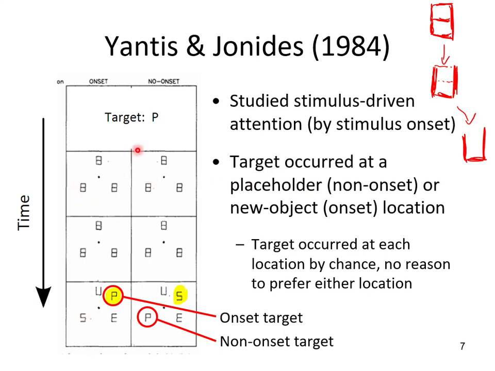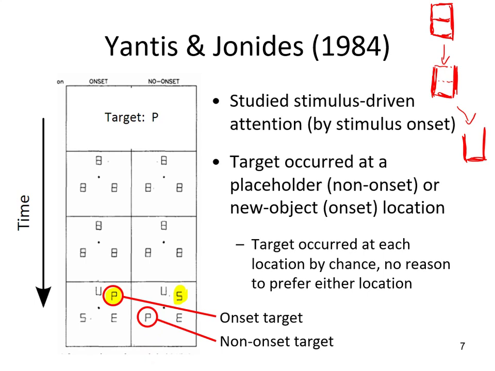In the left condition, the target happens to be a new object. In other words, the target happens to possess the stimulus onset feature. On the right-hand side, it is a so-called non-onset target. That means the target is not a new object.